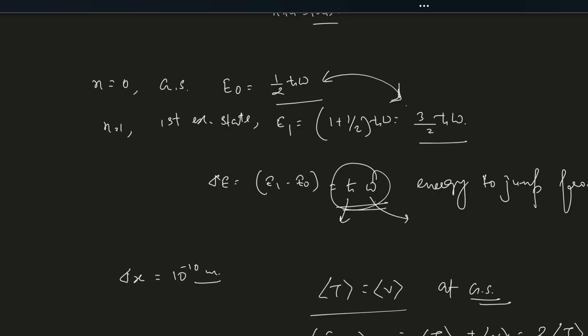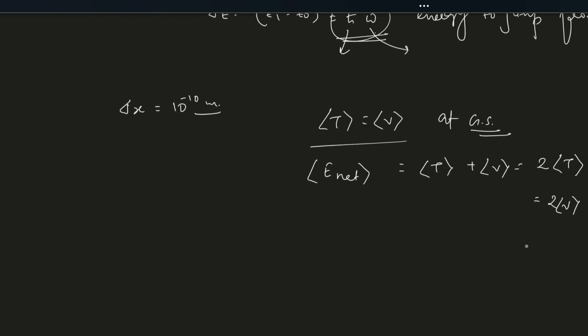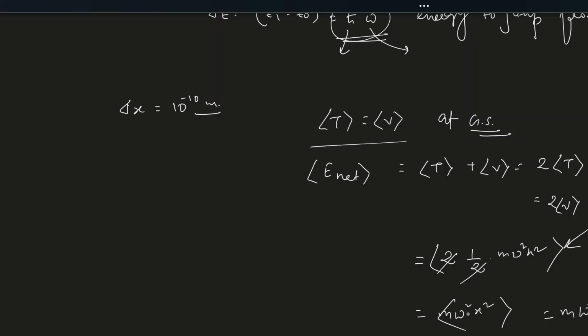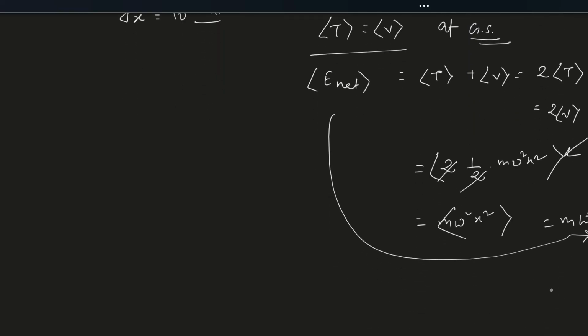So there we have omega, right? Since you know this, you can express E net as 2 times half m omega squared x squared. This is simply the total energy, because the kinetic and potential parts are the same, and don't forget that these are expectation values, so this is the average. Because m omega squared is constant, it is taken out, and only the x squared average remains. This is the net energy for the particle at the ground state.